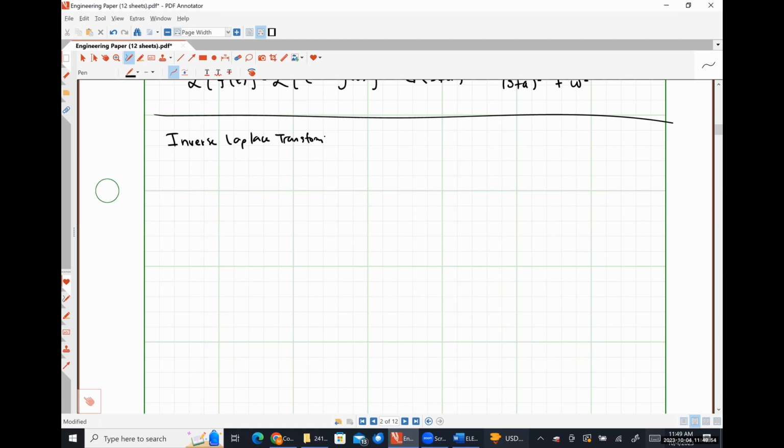So for example, if I had the following function, F of s equals 4 over s plus 2, plus 6 over s plus 5 squared, plus 8 over s squared plus 4s plus 5.